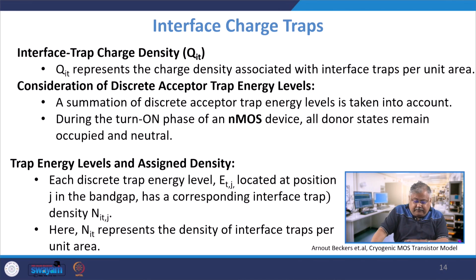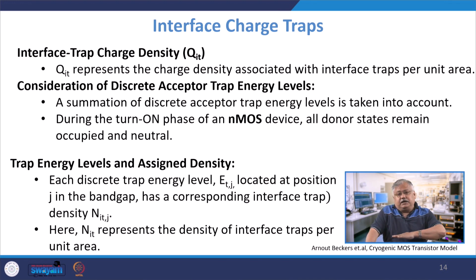Now the interface trap charges, if you look carefully, represent the charge density associated with interface traps. So it is charge per unit area, and you can find it per unit energy state. Now there can be acceptor type and donor type traps, and these are very temperature dependent.